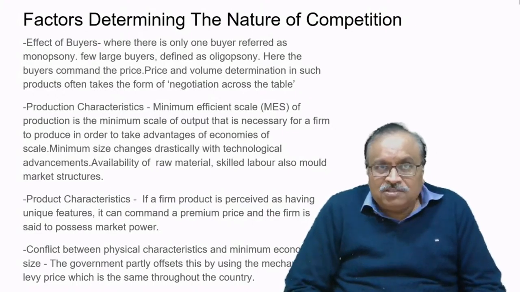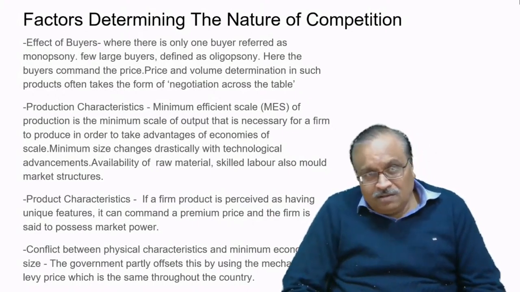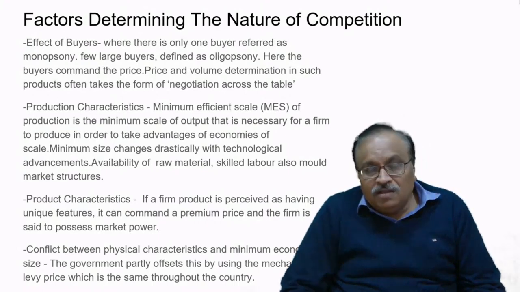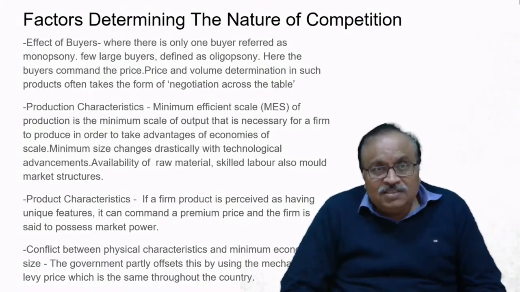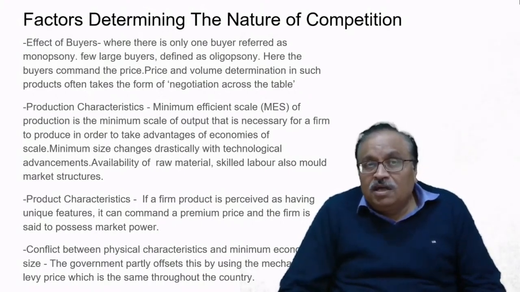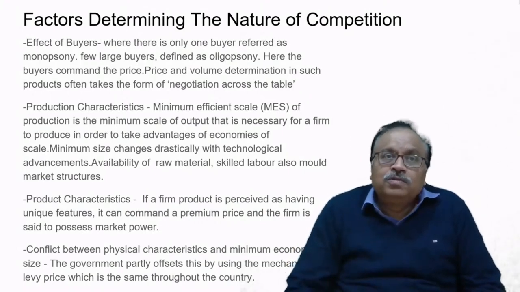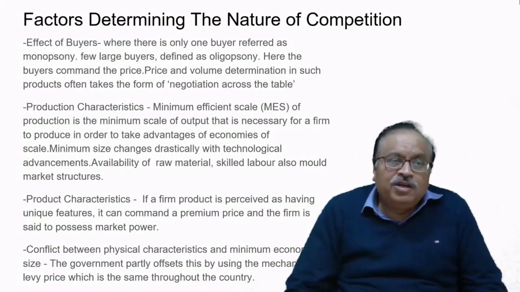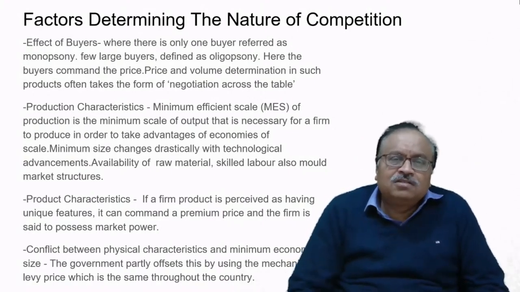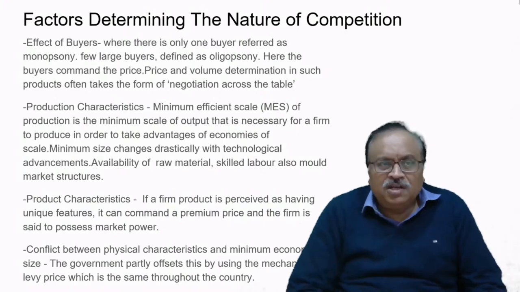So the effect of buyers means when the number of buyers is small, either in the form of monopoly or oligopoly, the price cannot be determined by the seller. It is rather the buyer who determines at what price they are going to purchase the product.